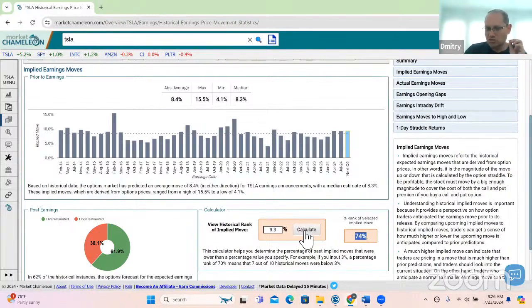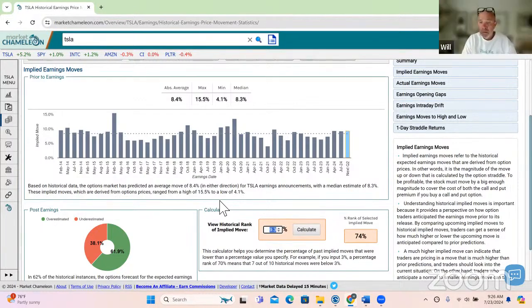So you could change these numbers as it's fluctuating around. Let's just say it's fluctuating around today, and it's 11 a.m. We're looking at the straddle at 11 a.m. in Tesla, and I've got 5 hours of trading left.